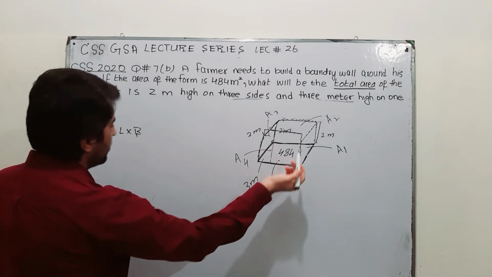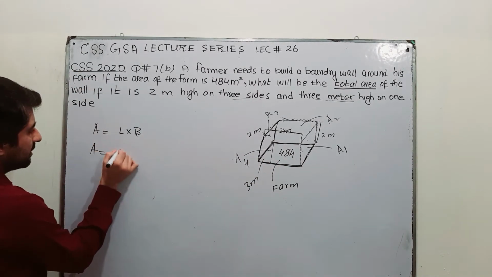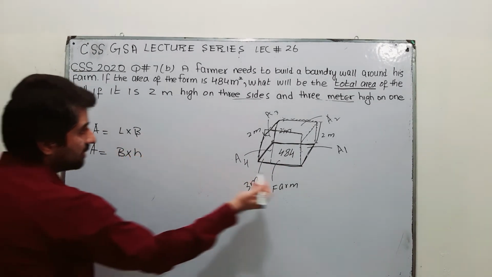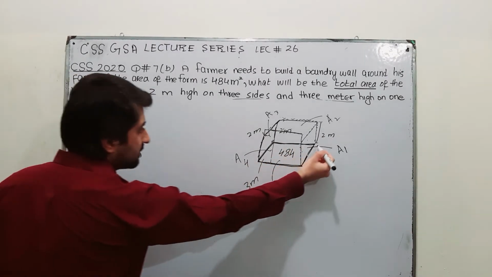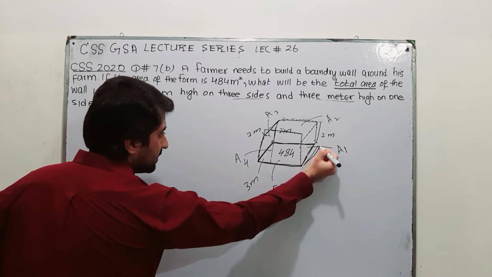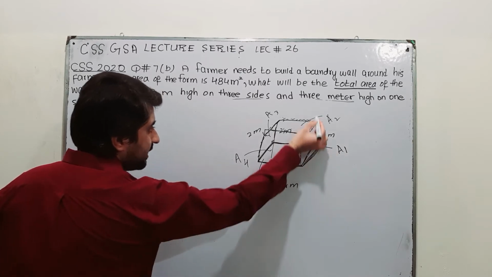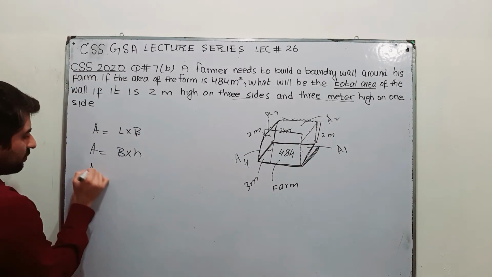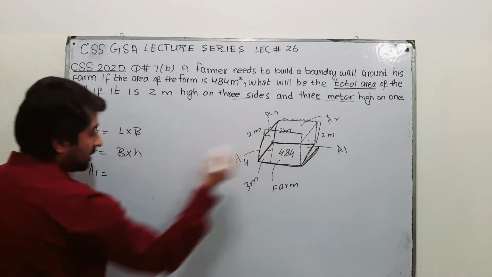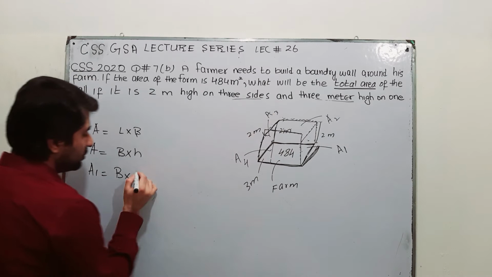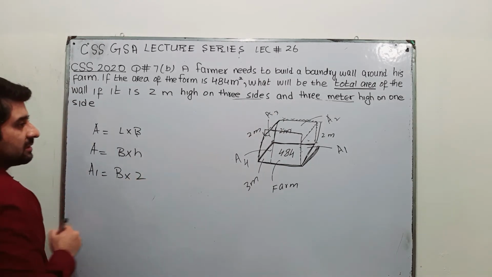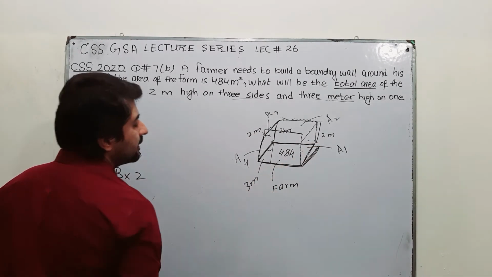In this case area is base into height. For example, for A1, this wall has this base and the height is 2 meter, so the area is base into height of wall, which is 2. The problem here is that I don't know about the base.